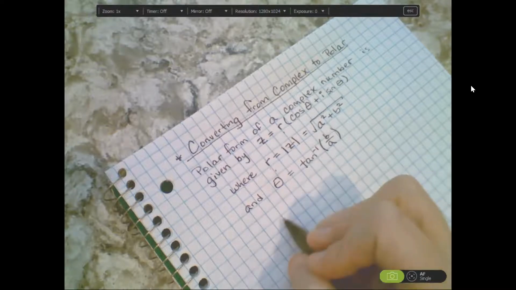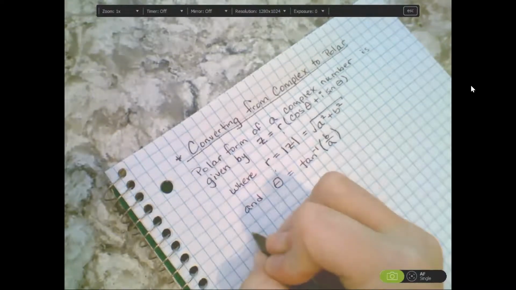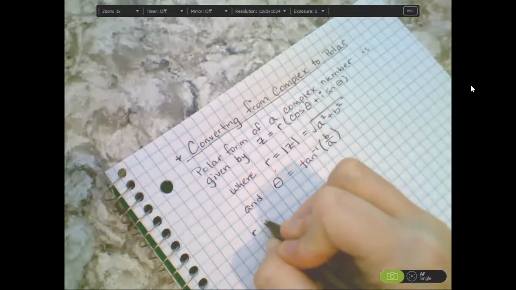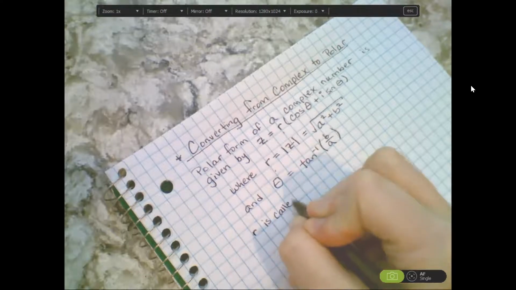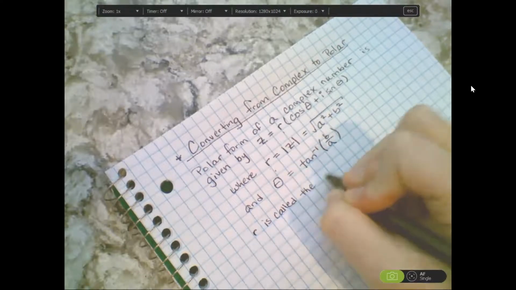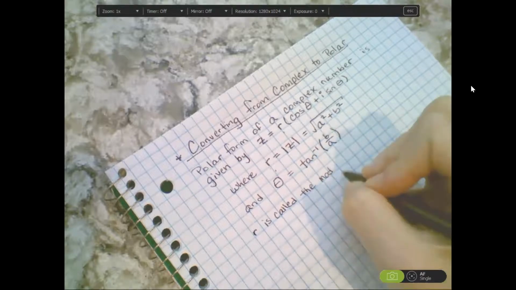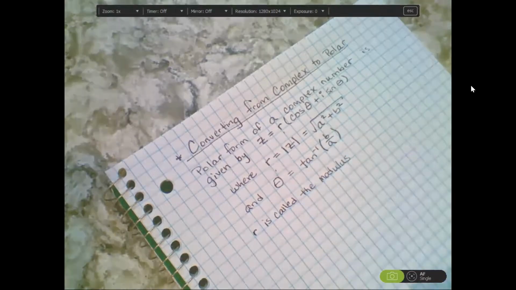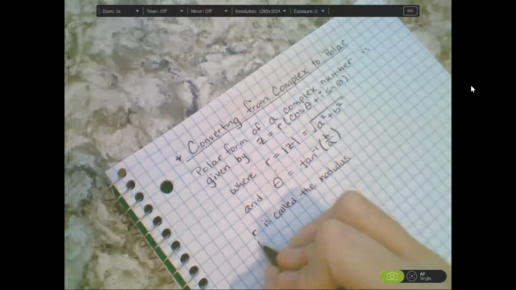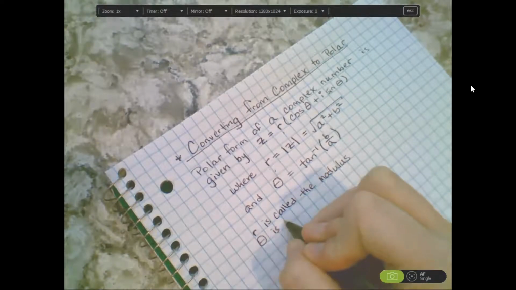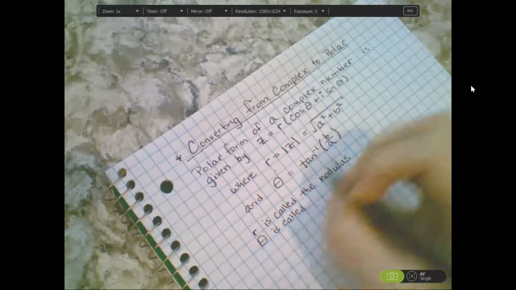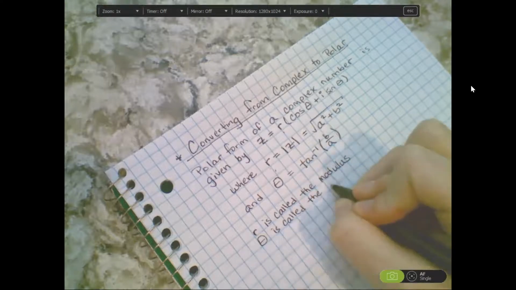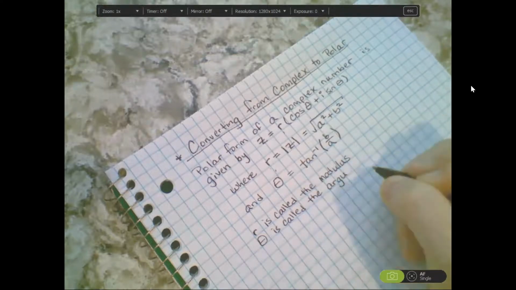So let me give you a little bit of vocabulary. r is called the modulus, and I have to look and see how to spell this. Modulus. And theta is called the argument.